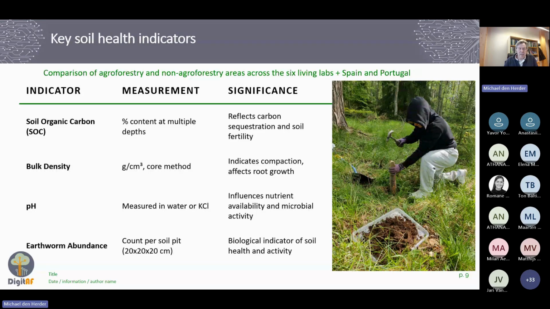Bulk density gives an estimate of soil compaction, which also has a very big impact on water infiltration and on how crops and trees can grow. pH is important for nutrient availability and microbial activity, and earthworm abundance is an indicator of soil health and of the activity of soil organisms.